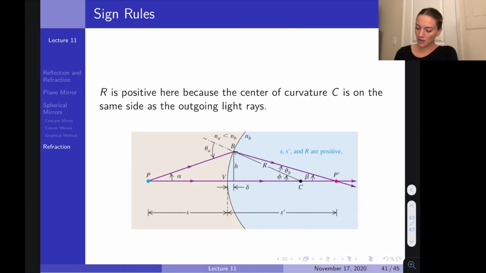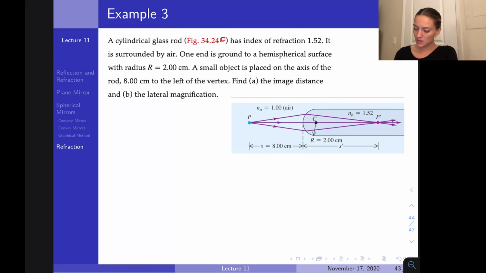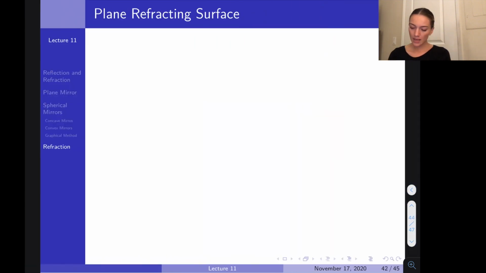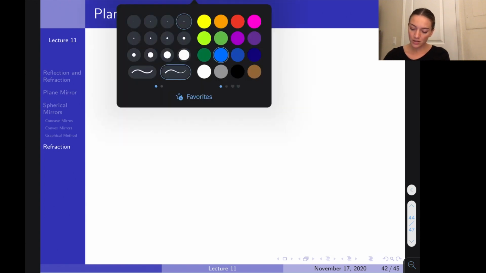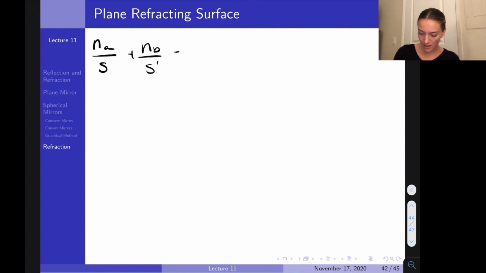Here are the sign rules again. I just went over that, so I'm going to skip this for now. Now, in the case of a plane refracting surface, things are just a little bit different. We have this equation that we just had.